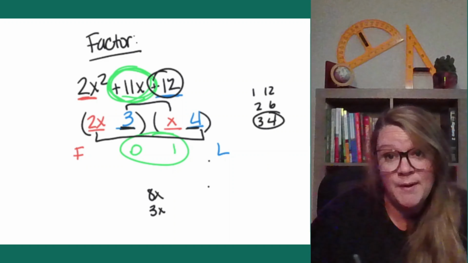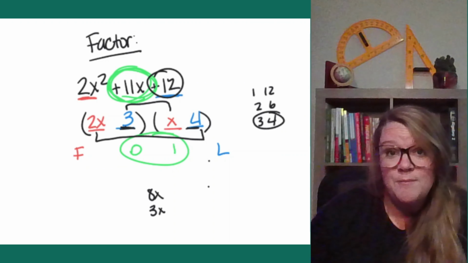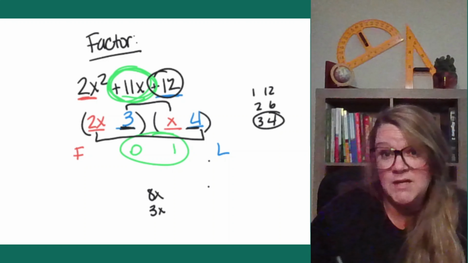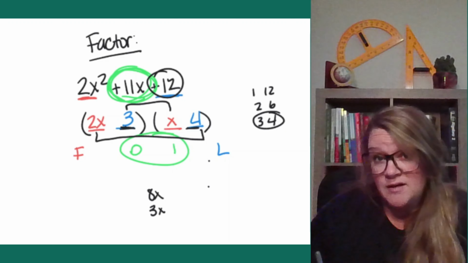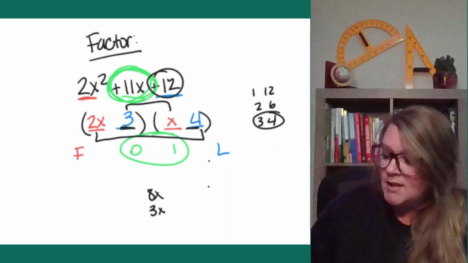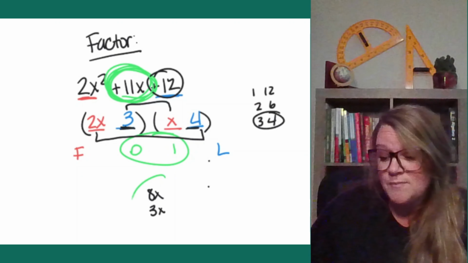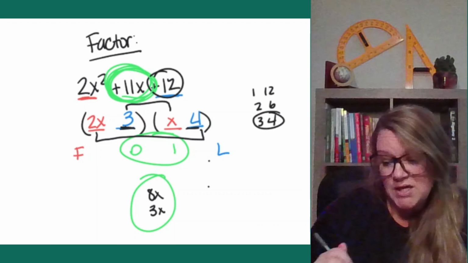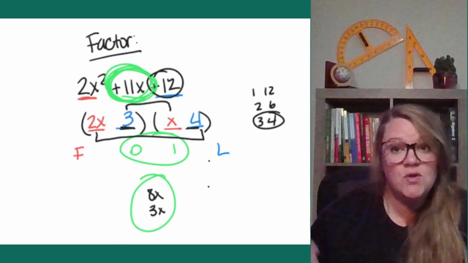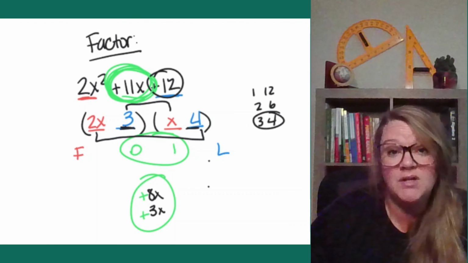And in order for me to get a positive 12, that means that the 3 and the 4 either both have to be positive, because positive 3 times positive 4 is positive 12, or they both have to be negative, because negative 3 times negative 4 will give me a positive 12. Okay, they both have to be the same. And then I like to look at my 11 right here, and I like to come down to my OI part on the bottom, and I like to think, what kind of 8x do I need and what kind of 3x do I need? Do they need to be positive or negative? Well, I have to add them to get a positive, so that means they both have to be pluses.